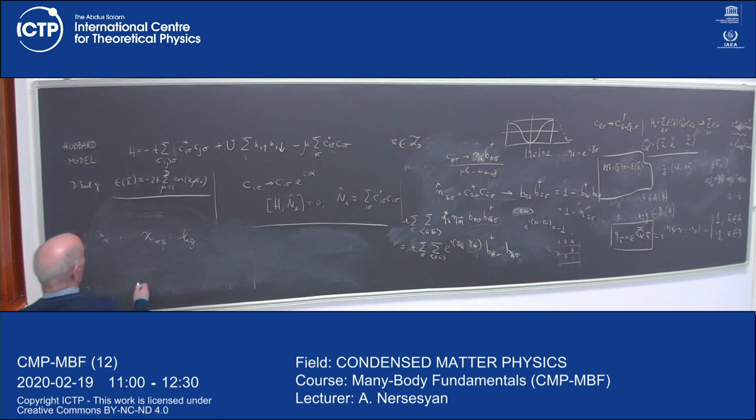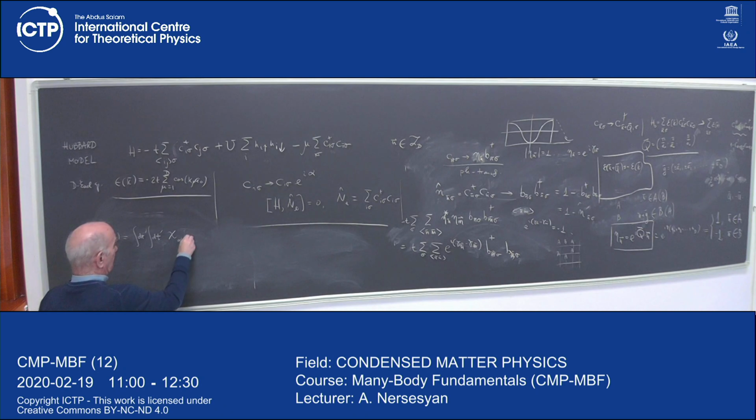But more than that, this M may be a function of coordinate and time, generally speaking. Then this formula must be modified in the following way. Then it is the integral over space, over time, dr prime, dt prime, just to distinguish between this r and t, which are fixed.